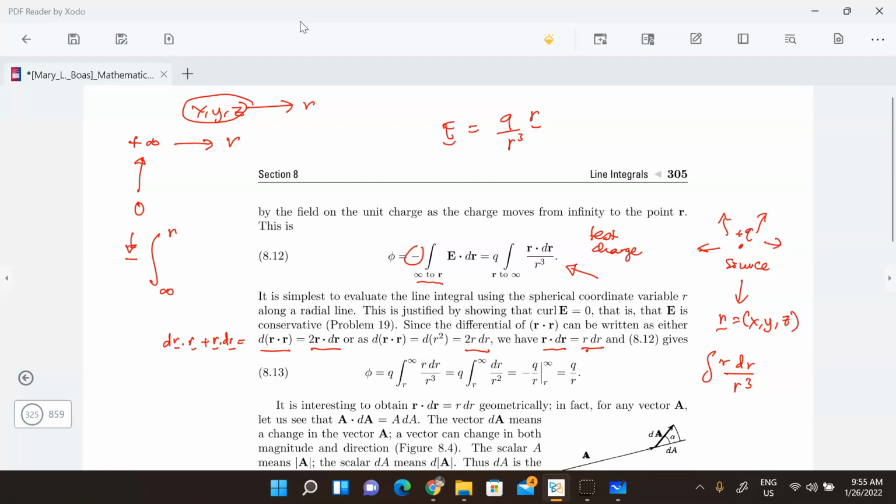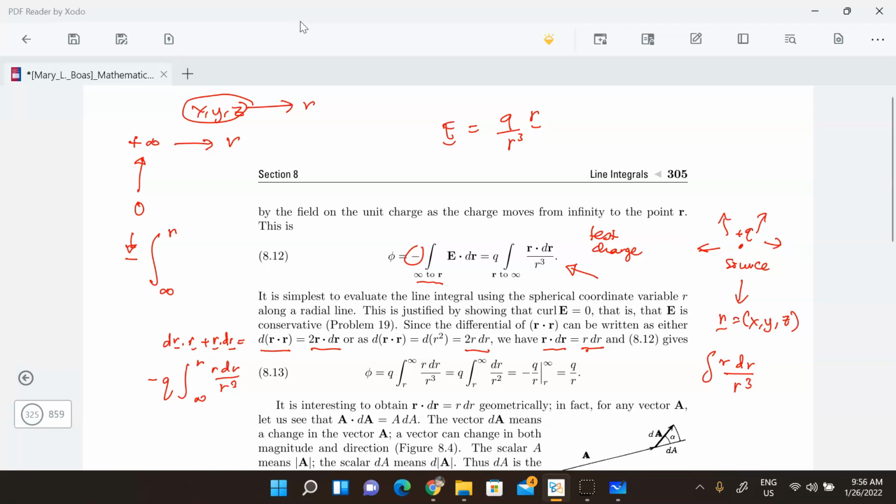Okay, so then your r over r cubed gives you 1 over r squared, and then you integrate that. I think here, because of the minus sign, we have already swapped. Previously, it should be q, r to infinity, r dr over r cubed with a minus sign.